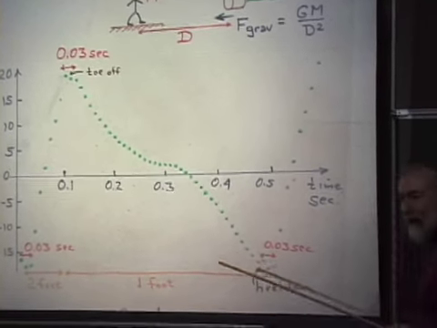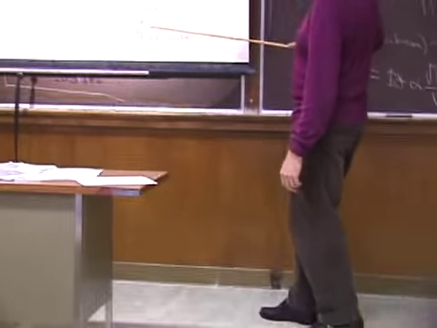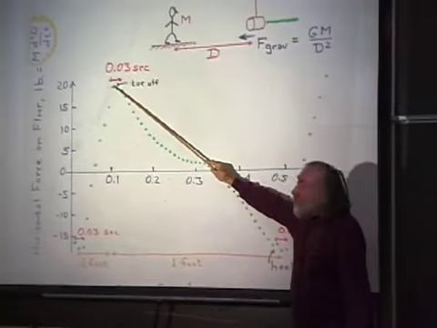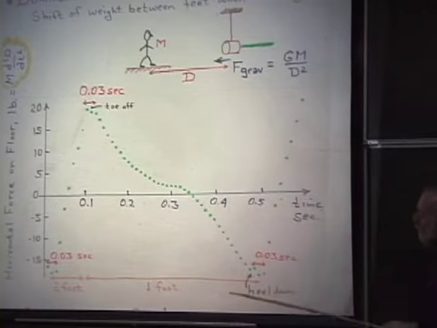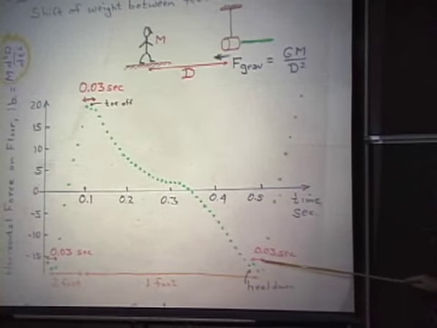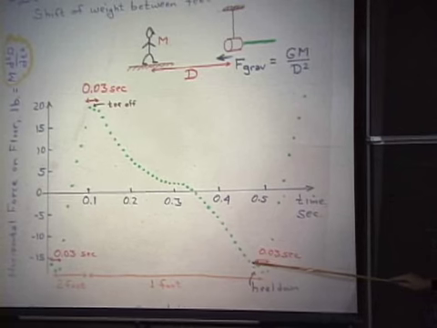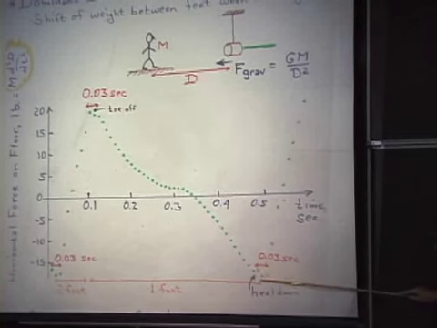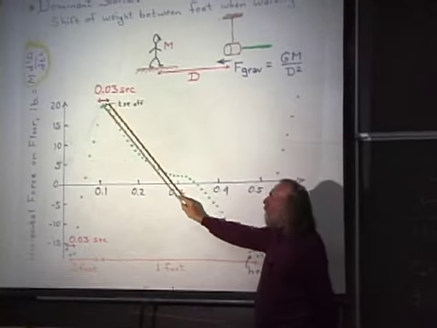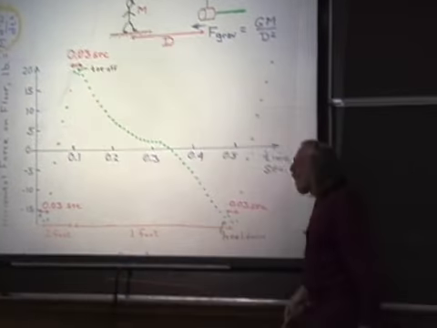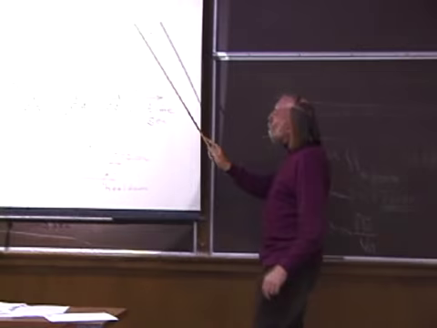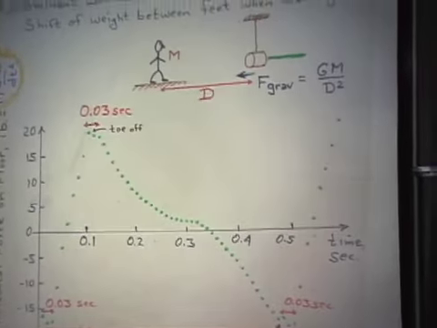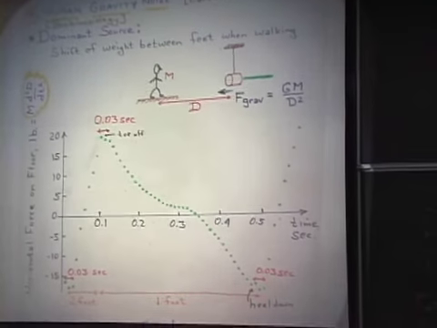And as I'm shifting my weight from one foot to the next, this force goes booming back up, and then a gradual decrease. So there are near discontinuities, that is changes on times of 0.03 seconds. That's 1 over 30 hertz at heel down and at toe off. And those rather sharp changes give rise then to a gravitational force spectrum that is predominantly in the range from 30 hertz on down to lower frequencies.